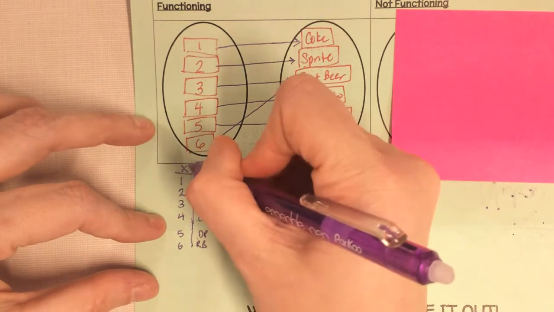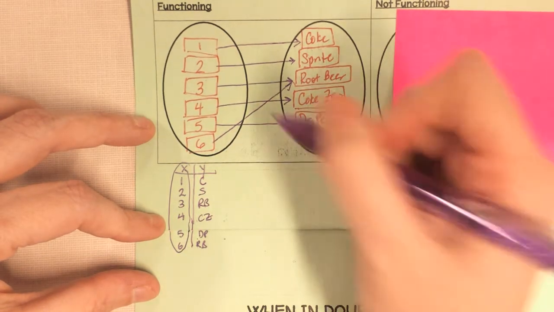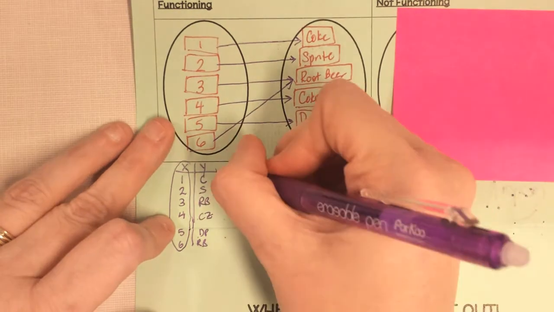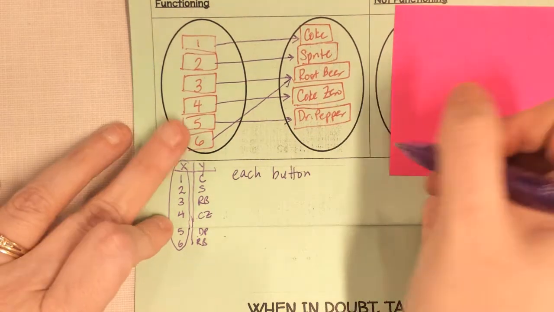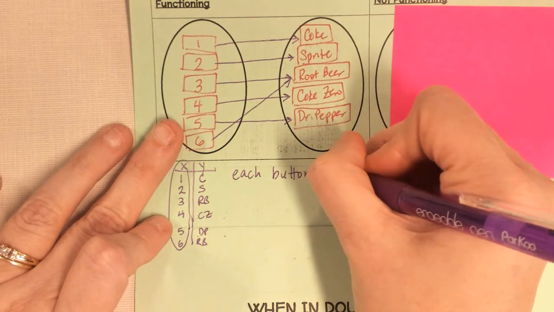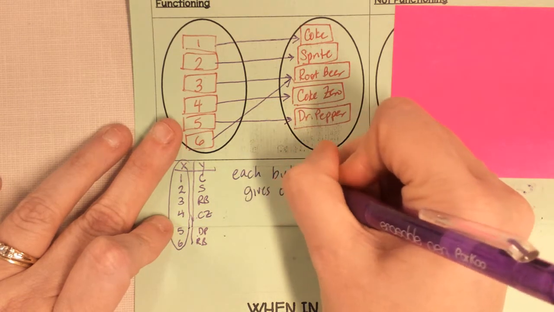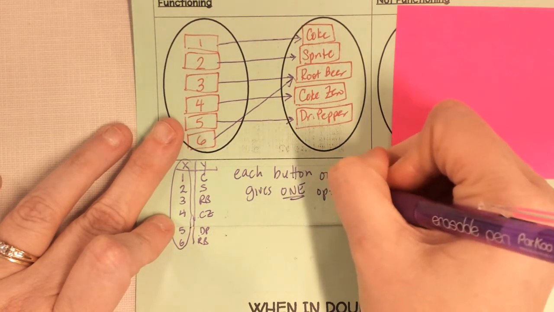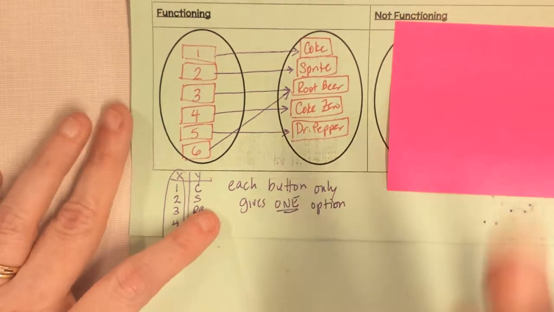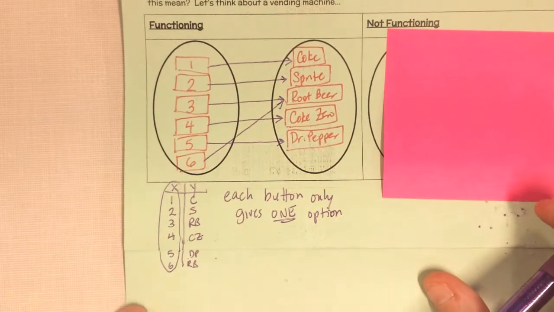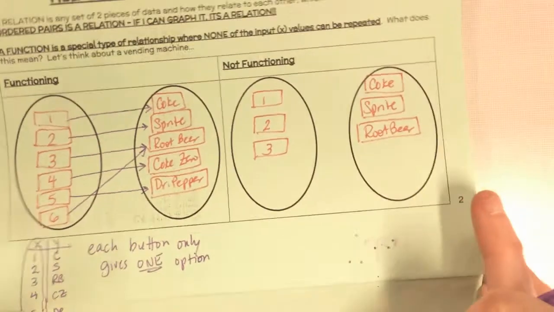None of these x values repeat, meaning each x value only has one y associated with it, and that's what makes this a function, because each button only gives one option. So that's a function. This Coke machine is functioning. It's working.